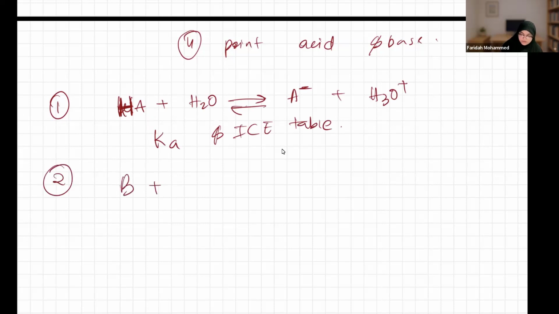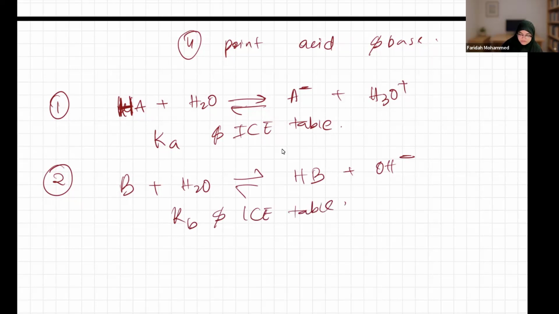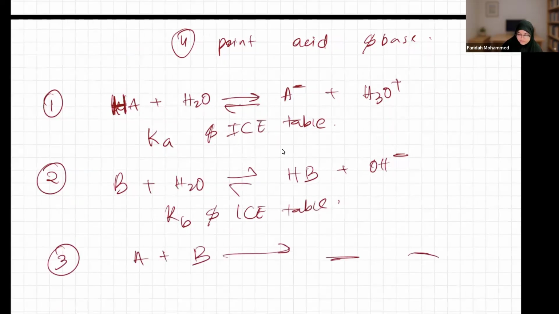The base: if you have only a weak base, it will react with water, and then you're going to have the conjugate acid plus OH minus. You do Kb and an ICE table. If you have some other non-related acid and base reacting together, you figure out the products, and then you do a BCA table, which means you're going to use moles for this.